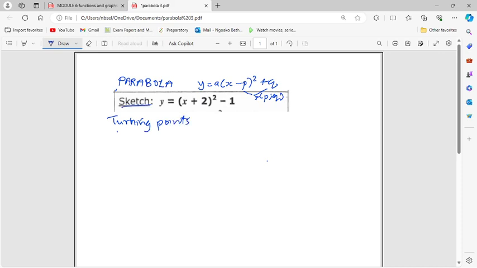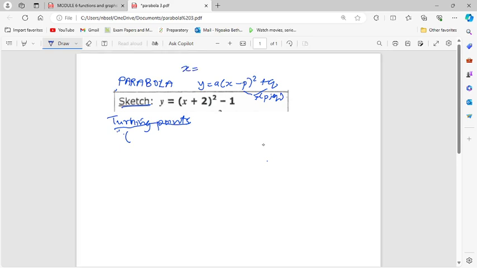So remember, we need to sketch, so the turning point must be part of it. Here, solving gives x equals minus 2 and minus 1.